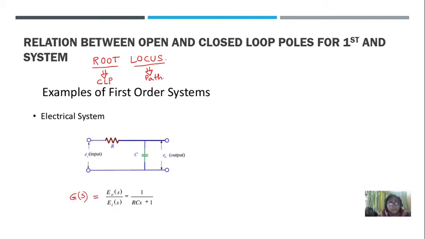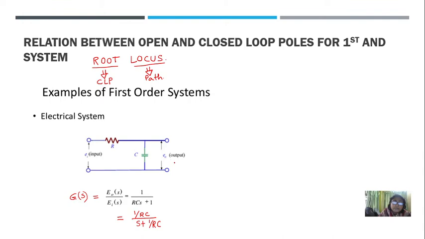If I write it, it will be 1 by RC over S plus 1 by RC. So this is the system itself, and this is the open loop transfer function.